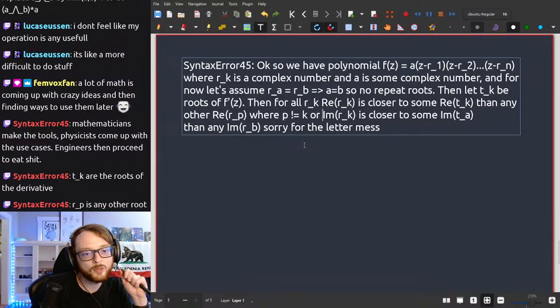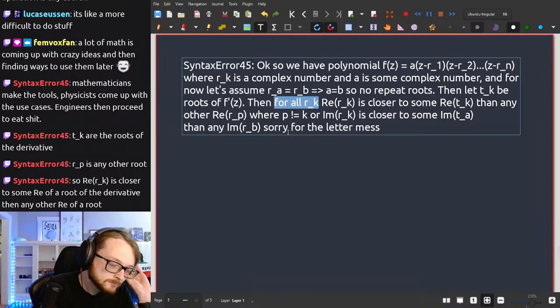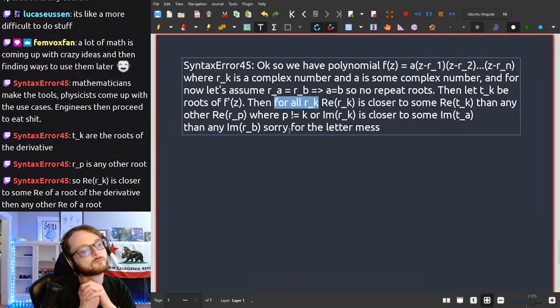So is K some particular root? So maybe I feel like the real part of R sub K goes to the real part of a root of a derivative.